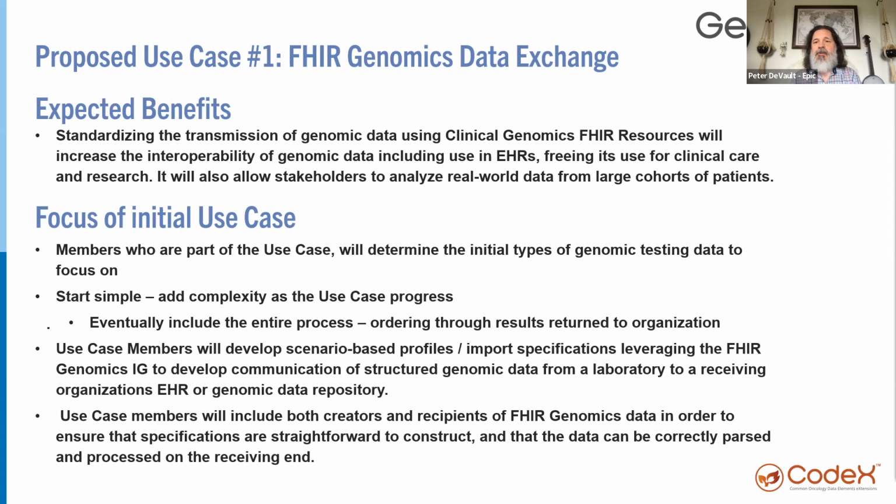Why an accelerator rather than just the work that's been going on at the HL7 clinical genomics work group? Well, as probably many people on the line know, in the clinical genomics work group, as well as other work groups, that's where you're really grinding through day-to-day, building the standards and designing the information models that go into those standards. Whereas what we often need are people trying to solve today's problems with existing standards.